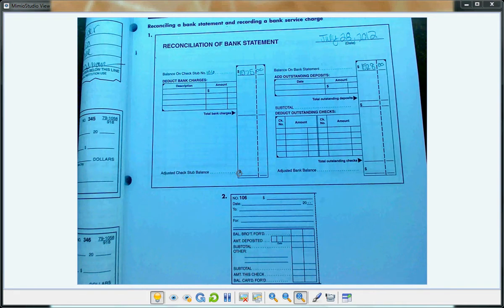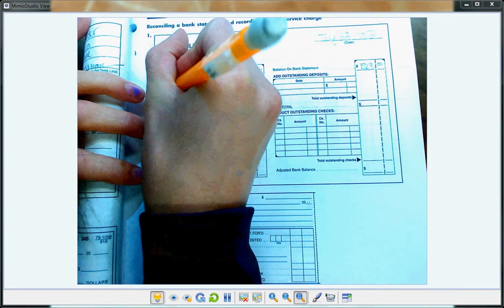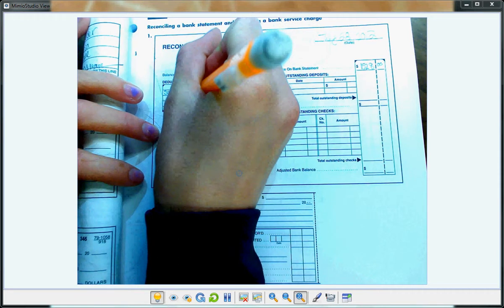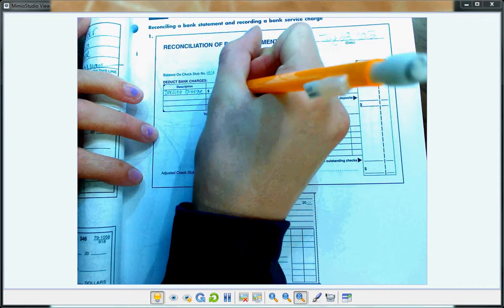Okay, our next box right below that, deduct bank charges. It tells us that we had a service charge of $2. So for description, you'll write service charge, or you can do SVC charge or CHG, whatever you have room for. And it's $2.